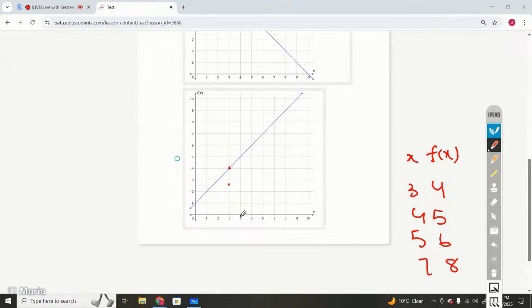X is 4, Y is 5, X is 5, Y is 6, X is 7, Y is 8. So option number 2 is the correct option because all the points match with this graph. Got it? Option number 2 is the correct option.